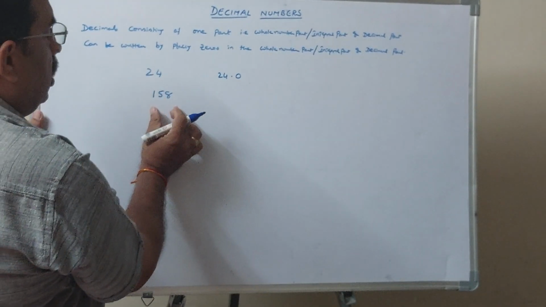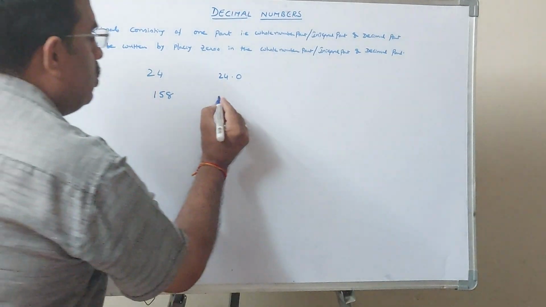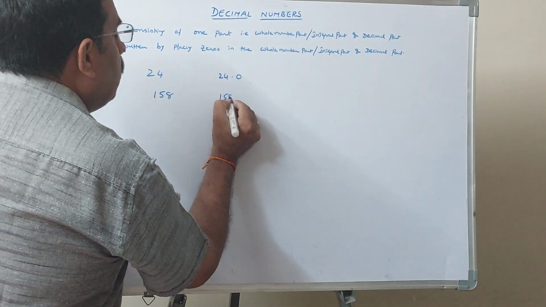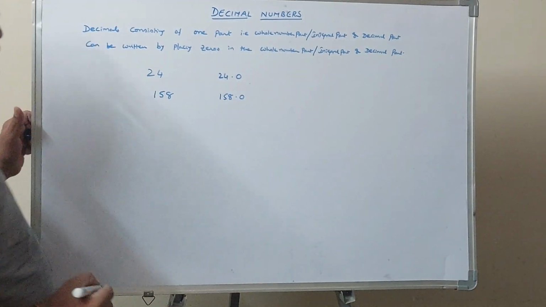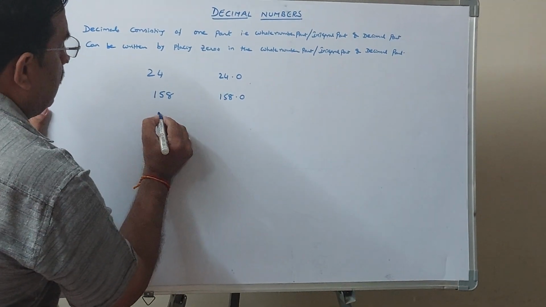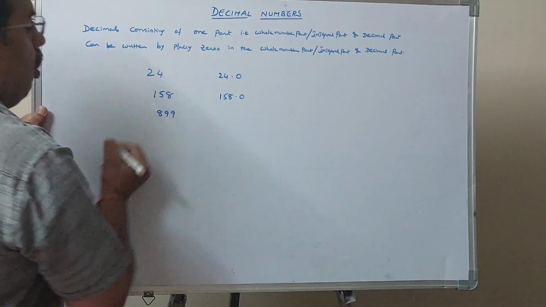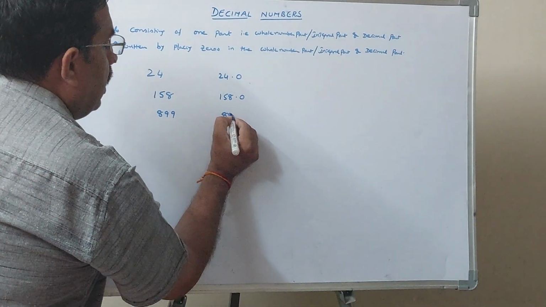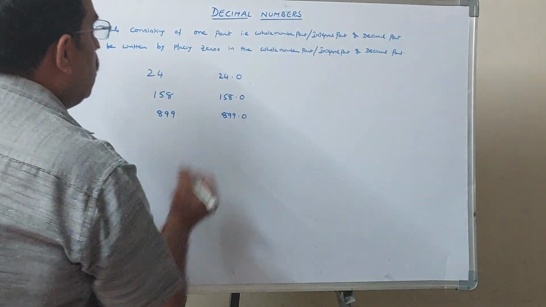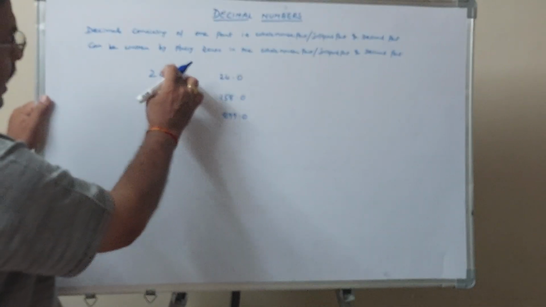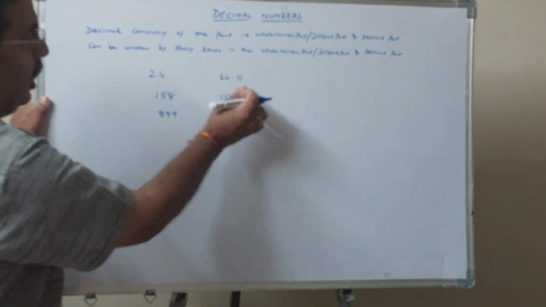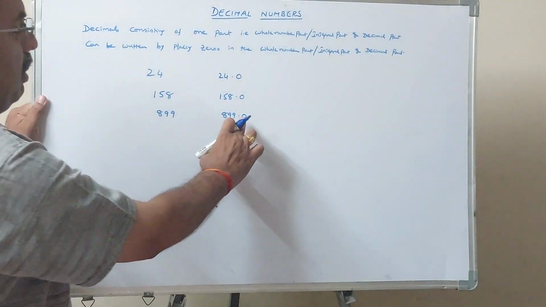There is no decimal, so for the decimal part we put 0: 158.0. If it is 899, how do you write it? 899.0. There is no decimal part, but we are putting 0 as the decimal part.